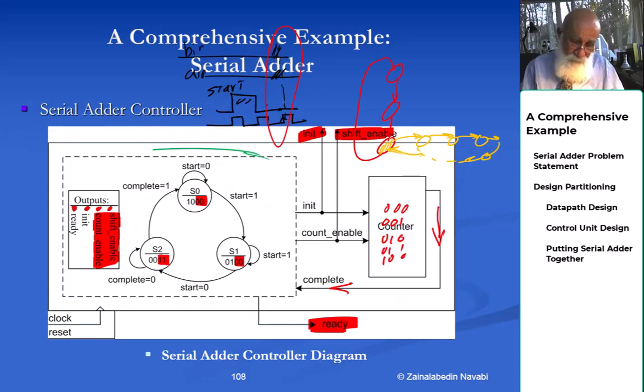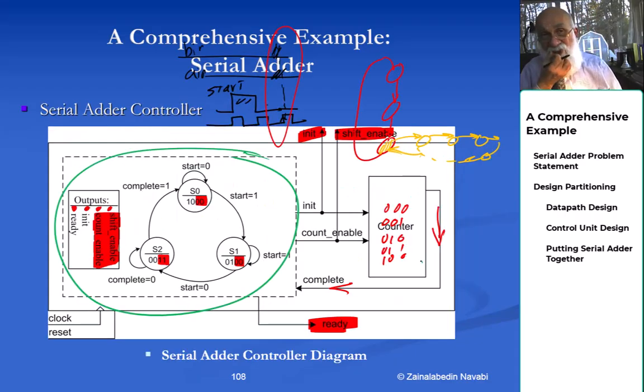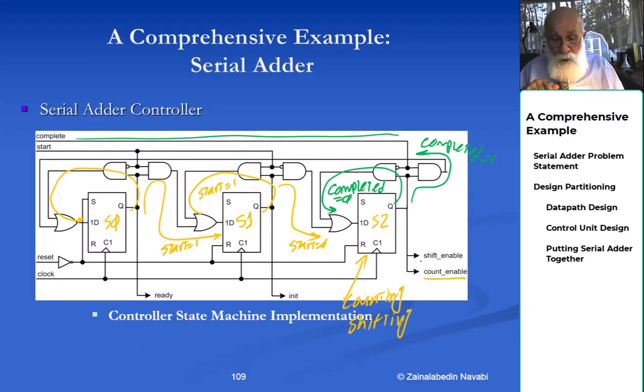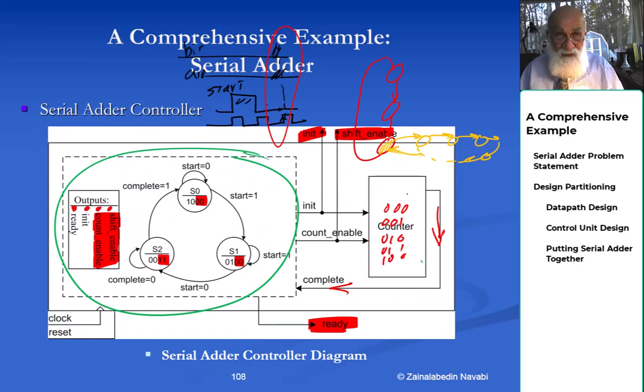Okay, and now let's do the counter. Well, we have seen counters before. I'm going to show you a different implementation of the counter. I need a 3-bit counter. I need 3 of these. Remember that my counter has a requirement that it has to be initialized, because when I'm starting a new round of serial adding, I want to make sure that this begins in state 0, 0, 0.